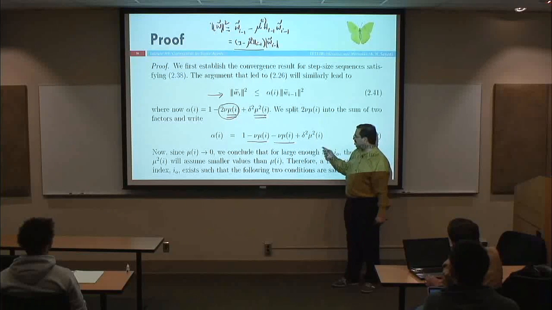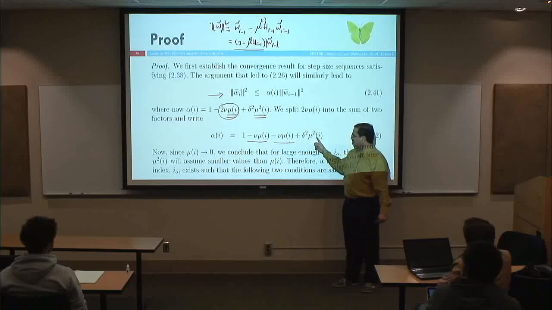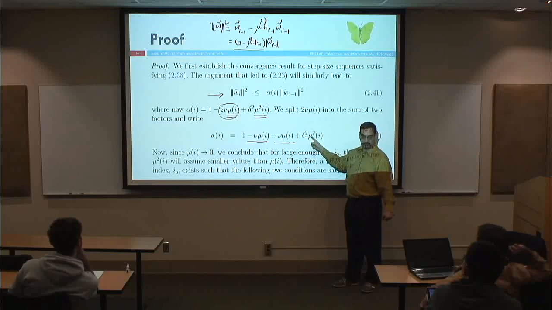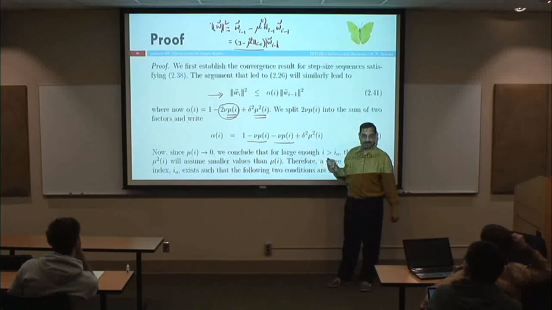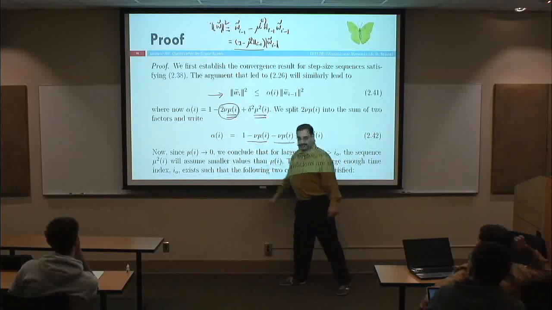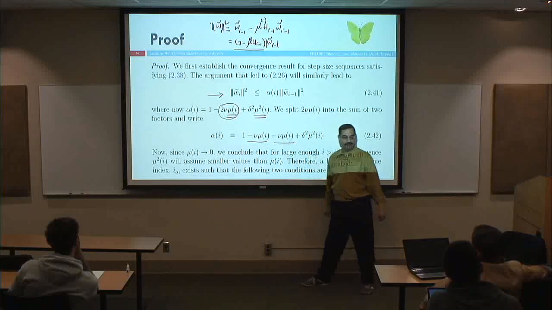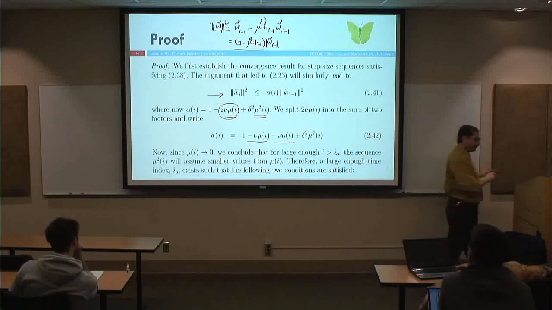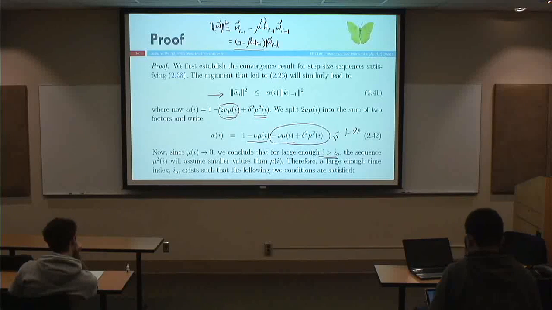So it's not difficult to believe that for i large enough, this value, nu times mu, will be larger than delta squared mu squared, right? So that the negative and the plus ends up giving me a negative value, right? Okay, so alpha for i large enough is less than or equal to 1 minus nu mu. Because for i large enough, this dominates that and you end up with a negative, right? So that's okay. That's why I split. I split so that this takes care of that, and I can say that for i large enough, this is less than that. Good.